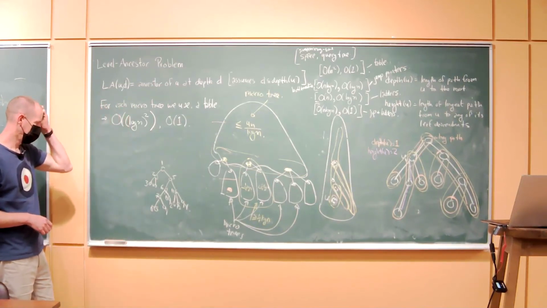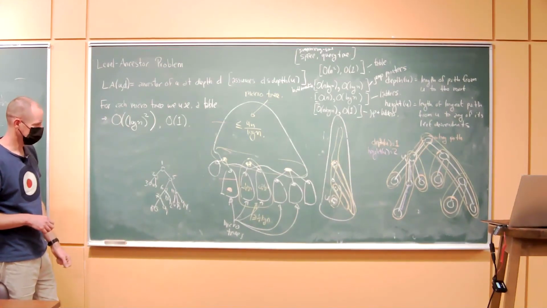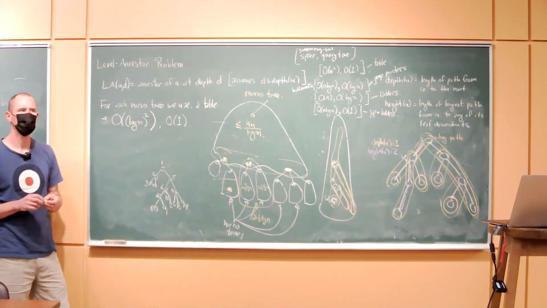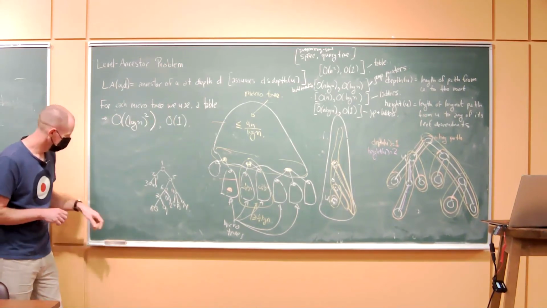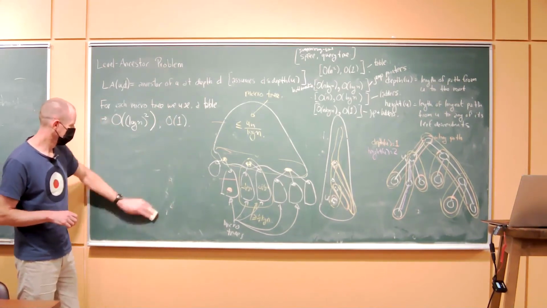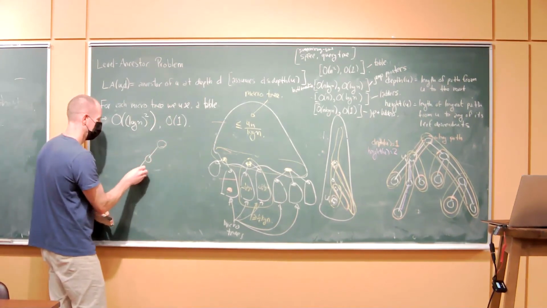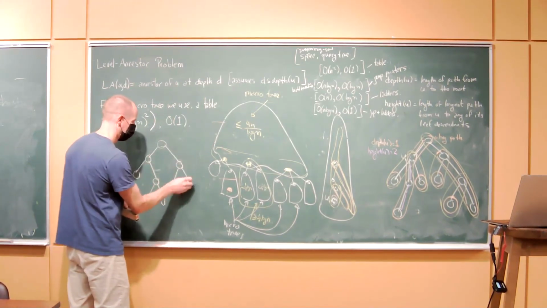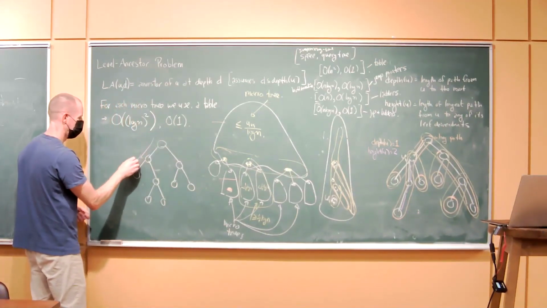Okay, so how many trees of size at most 1/4 log n are there? Sounds like a hard question. But let's look at a tree and use the trick that we know. We'll take the Euler tour.